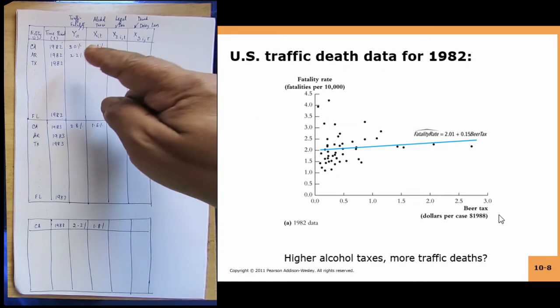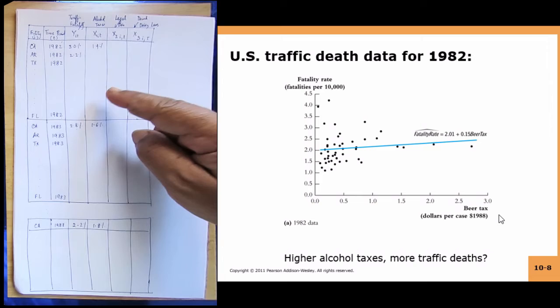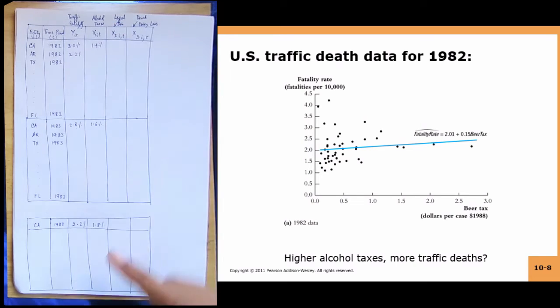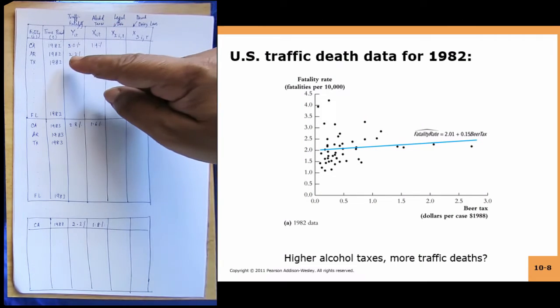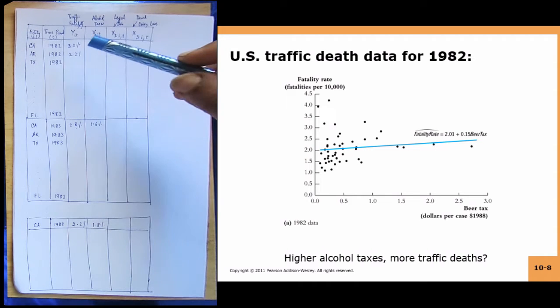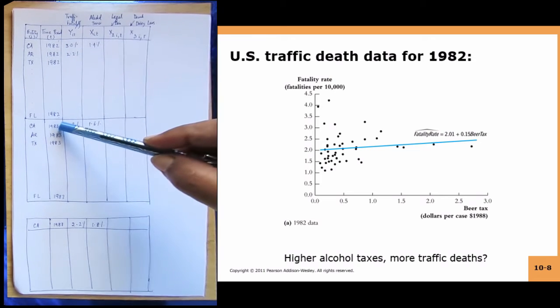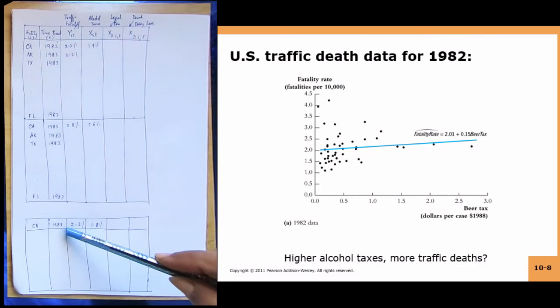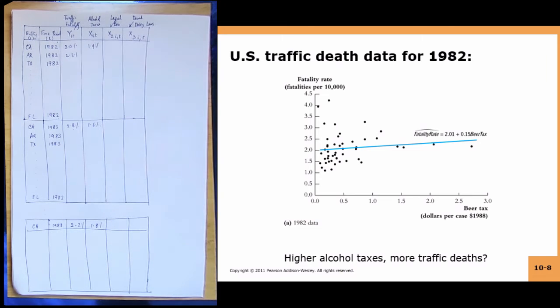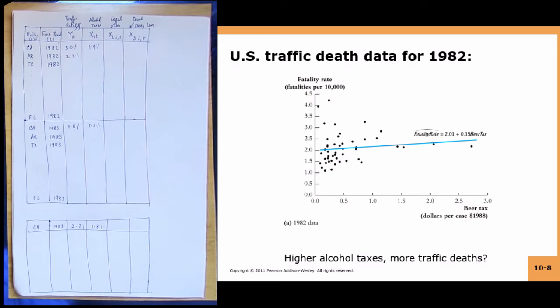Now, if you were to just take the traffic fatality rate and the alcohol taxes and take all of the data together without taking into account the fact that you have the same entity measured over different years, you don't take into account that particular specific detail, but you just take them all as if it is cross sectional data, and you plot fatality rate on the y axis and beer tax on the x axis.